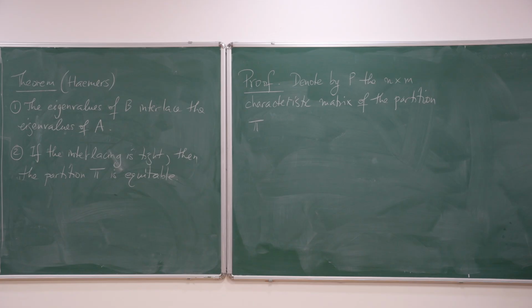Let's say my graph gamma is K4 minus an edge, something like this, with vertices 1, 2, 3, 4. Let's say V1 is {1, 2} and V2 is {3, 4}.